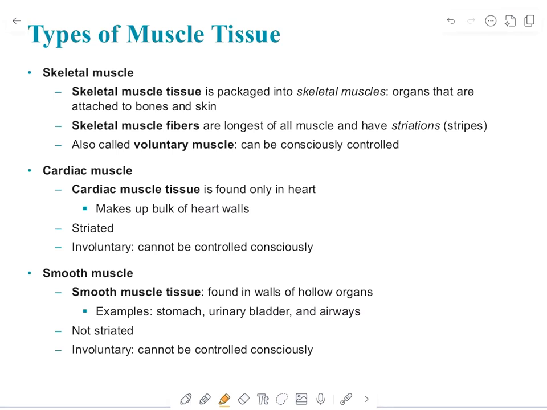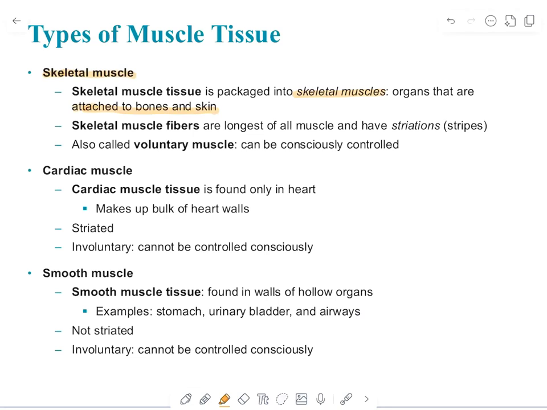have in our body. The first is skeletal muscle, and skeletal muscle is packaged into the muscles themselves, the skeletal muscle tissue, and those are organs that are attached to the bone as well as the skin.